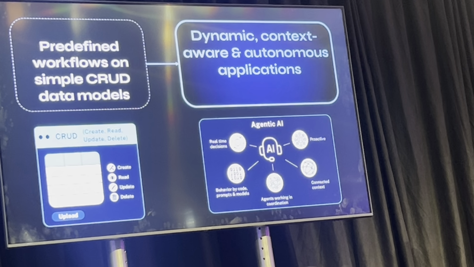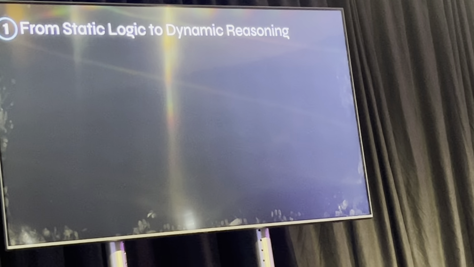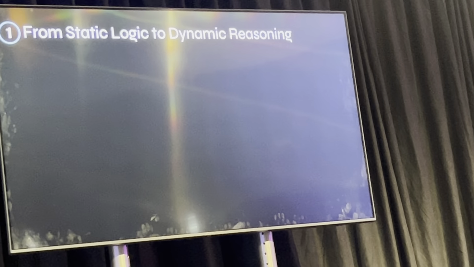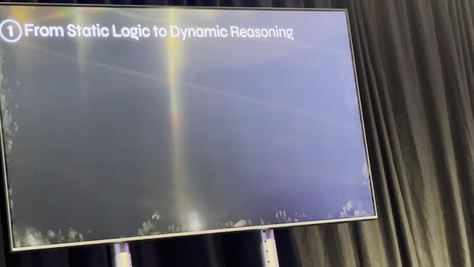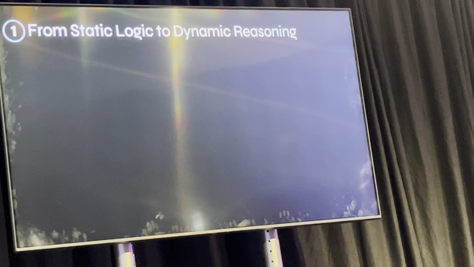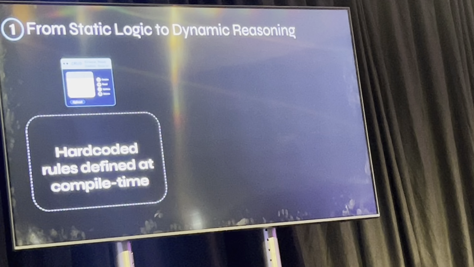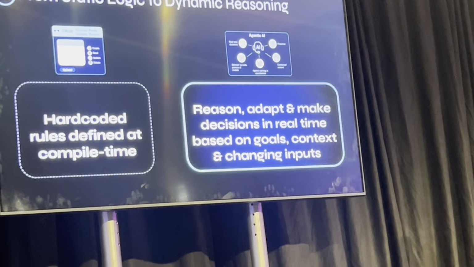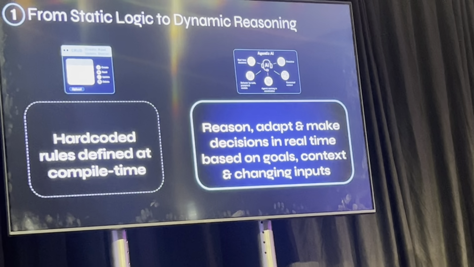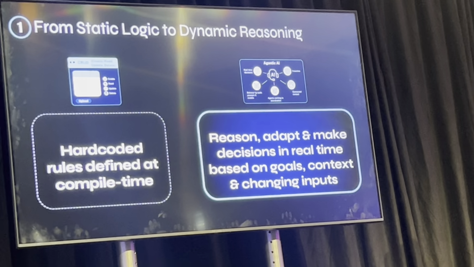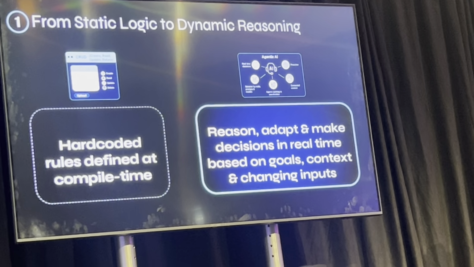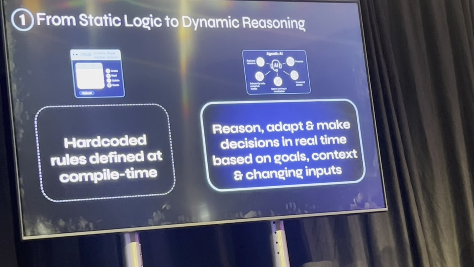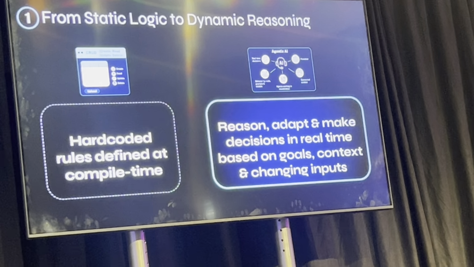So this is the world of agents. If I drill down specifically, what does that mean? It means going from static logic to dynamic reasoning: hard-coded rules that are defined at compile time, or when you write the code, to applications that can read, reason, adapt, make decisions in real time, adjust based on goals, changing context, changing inputs.